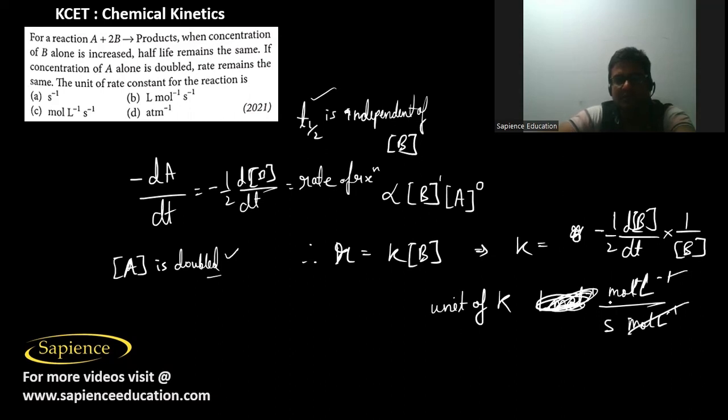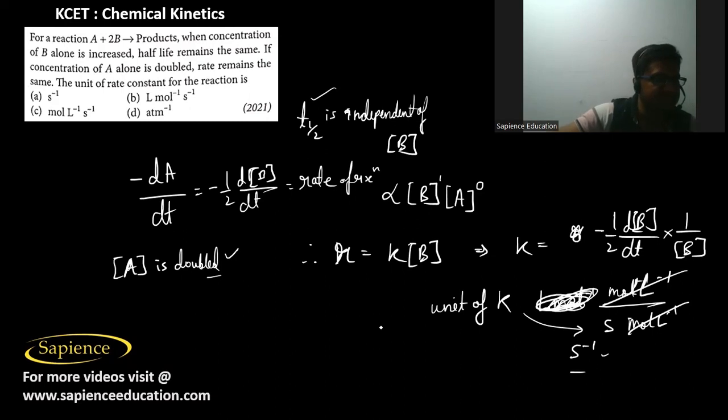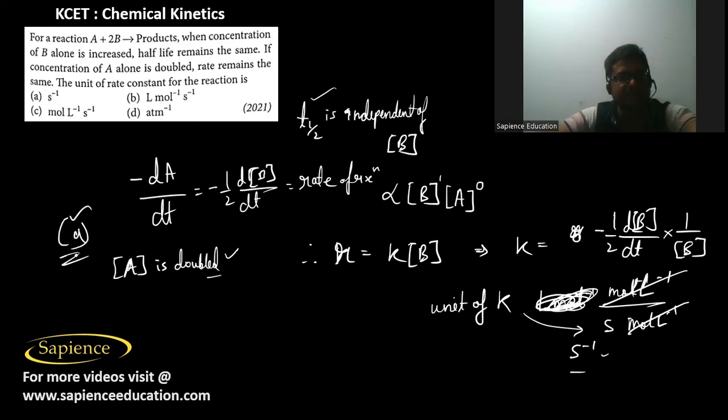So mole per liter concentration will get cancelled. So unit of K will be per second. So option A is the correct answer.